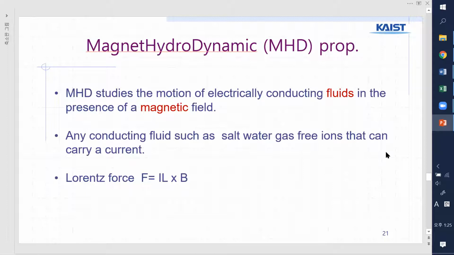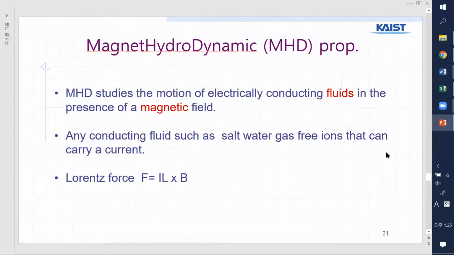And the magneto-hydrodynamic propeller uses a magnetic field inside the water. So it is similar to an electric motor, but they use a magnetic field inside the water.